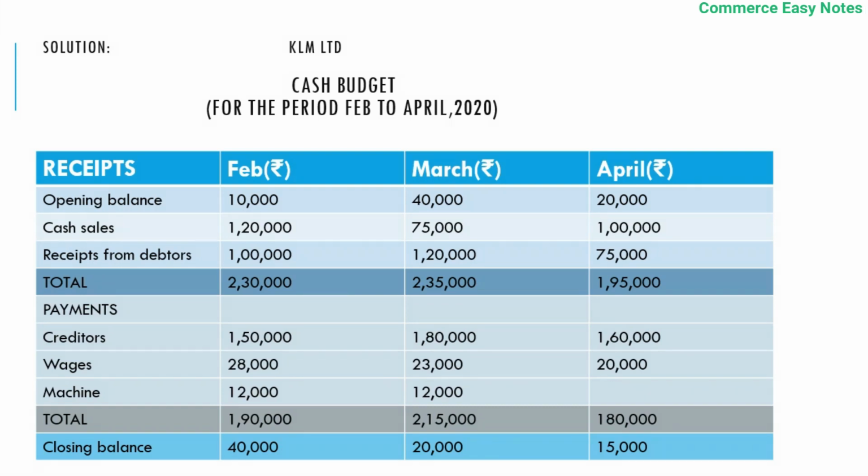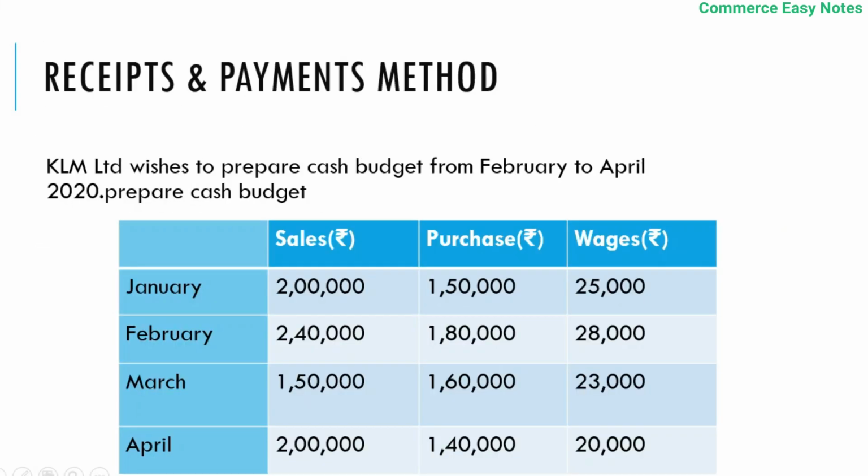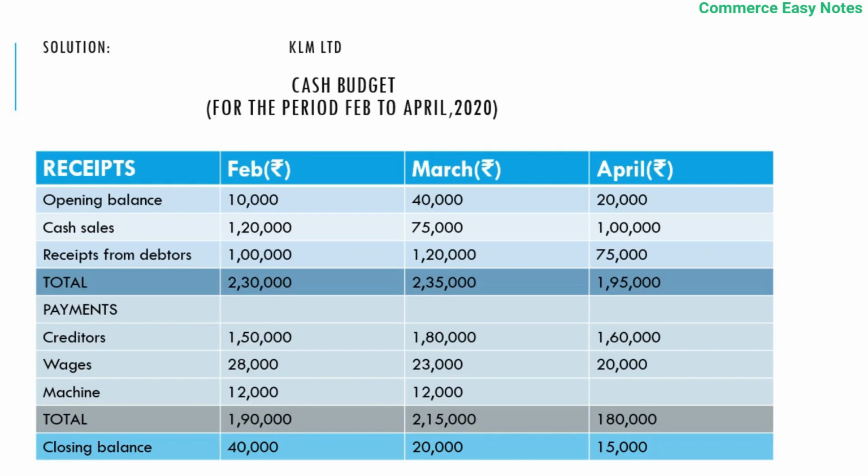Now we will have to repeat the same process for March. The opening balance is given, and then cash sales, 50% of March sales. March sales, we know, is 1,50,000. 50% is taken, 75,000. The receipts from debtors, that is February sales, is 1,20,000.